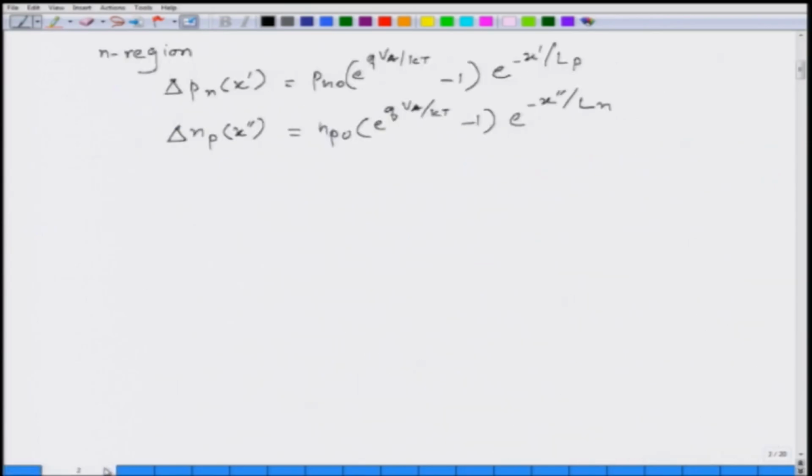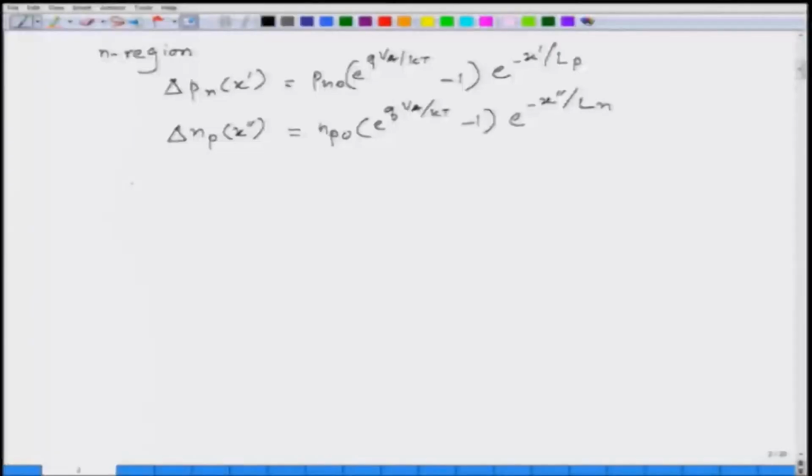So, once we have how the minority carrier concentration is changing in the n and p regions, the problem is reduced to finding out the total current. Because of diffusion of these minority carriers, which are injected on the opposite side, I can calculate the current. Let us first calculate it due to the holes, the current in the x prime scale.